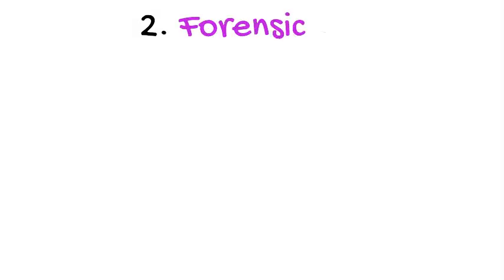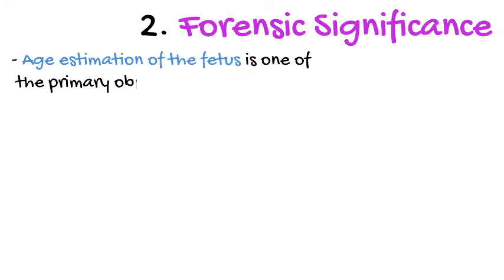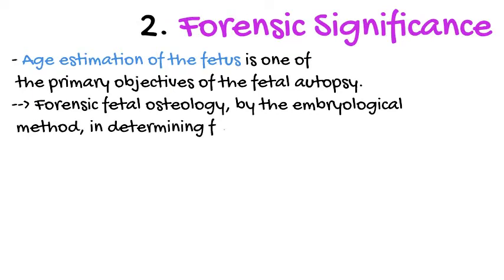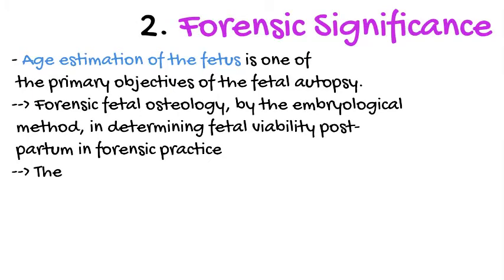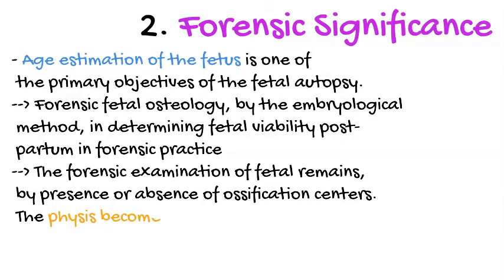Another clinical significance of the growth plate is the forensic significance. Age estimation of the fetus is one of the primary objectives of the fetal autopsy. In forensic fetal osteology, by the embryological method, we are able to determine the gestational age of the fetus.